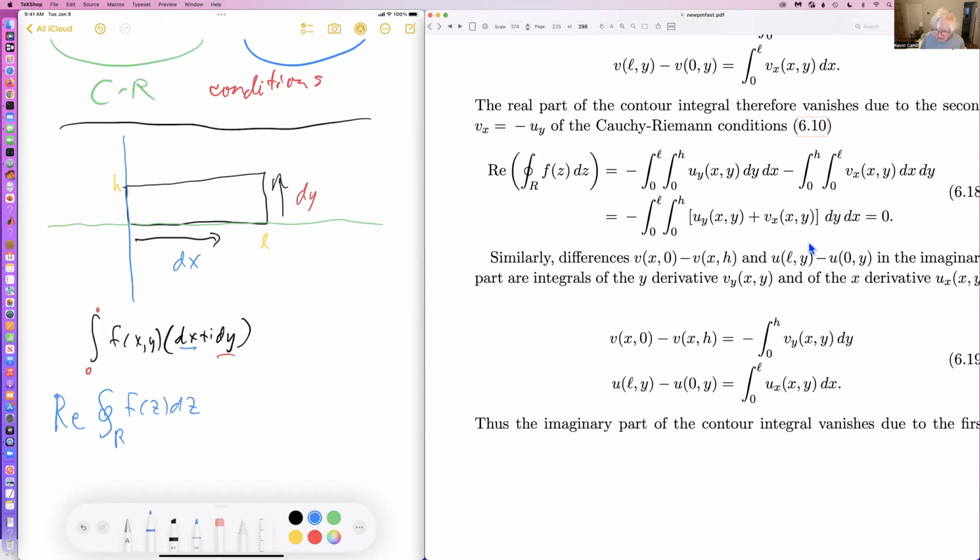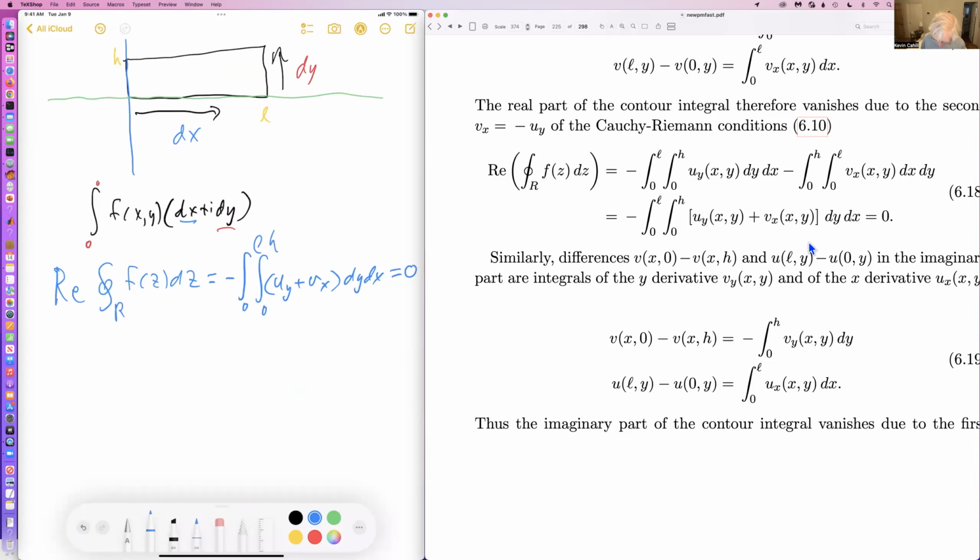In other words, minus an integral 0 to L, 0 to H, of u sub y plus v sub x dy dx. And by the Cauchy-Riemann conditions, that's 0, if the function is analytic.